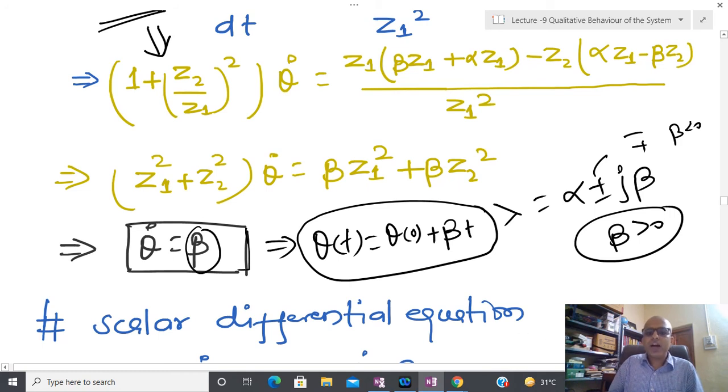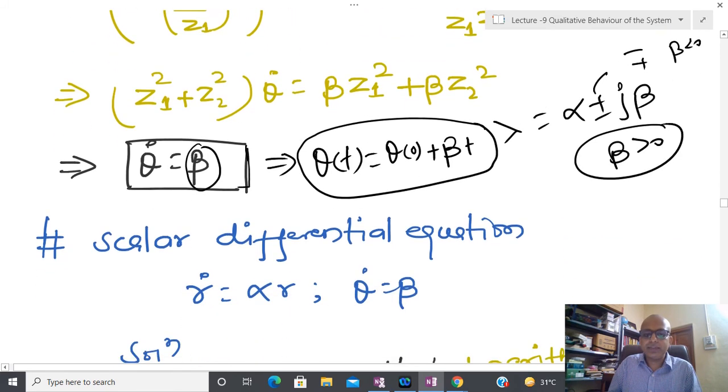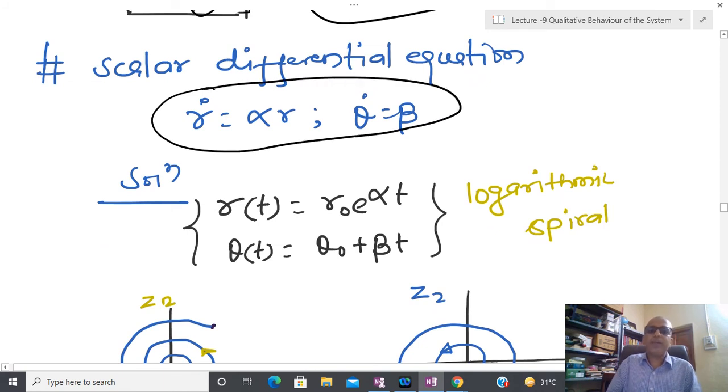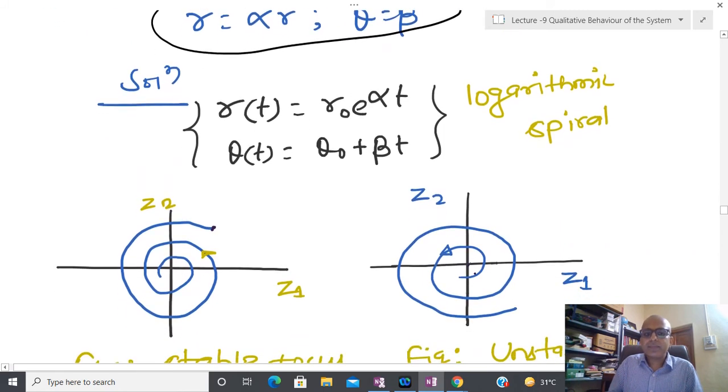Now, again this is a scalar equation. In polar coordinates I have just two scalar equations to solve, and both equations are now decoupled, so I am on the very safe side. Now I am going to see the behavior, and I am plotting the behavior like this, so try to understand this.